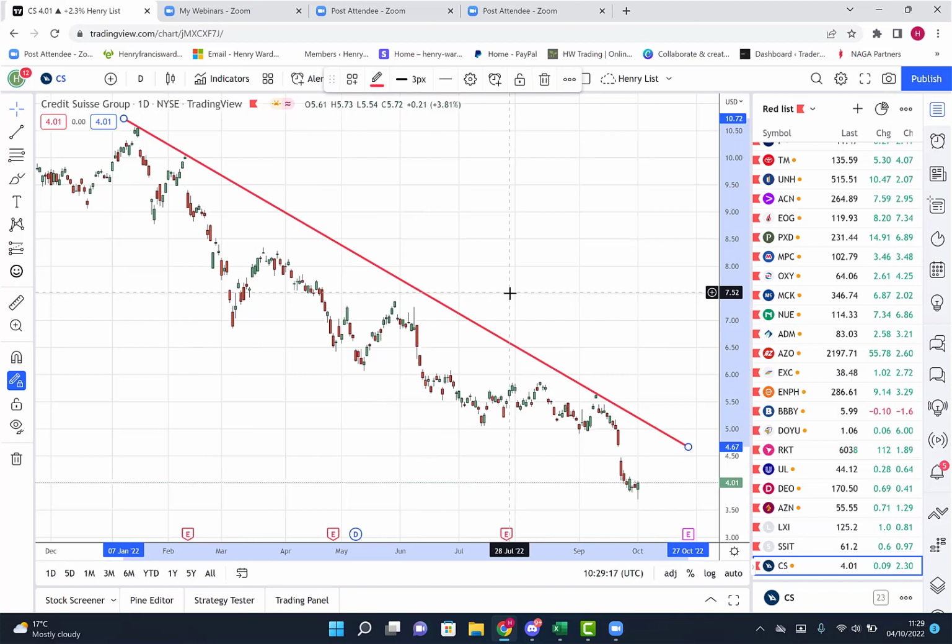Now, there's 2 reasons for that happening. One reason is that people are starting to buy it up. And the second reason is that Credit Suisse have a lot of really bad debt on the books, and they are failing to actually pay the mortgage. Okay, now what I mean by that is, put it in layman's terms, you have a mortgage and you're paying the mortgage off. Inflation goes up, which means that the cost of living goes up, which means that the cost of your goods is now getting expensive.